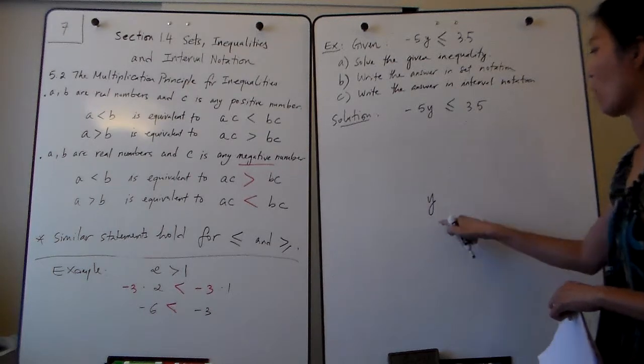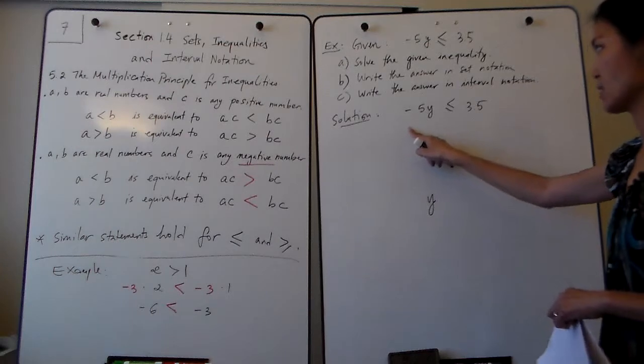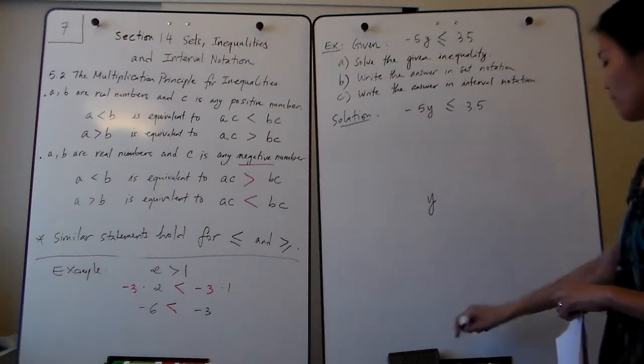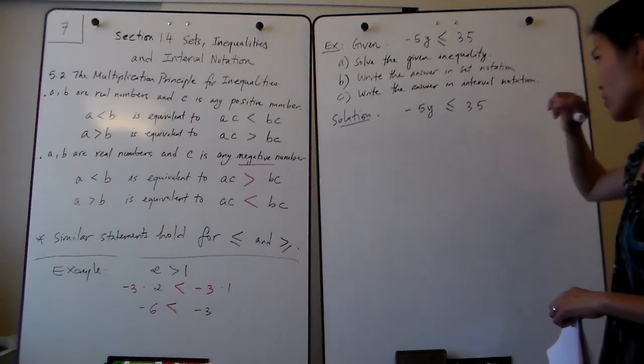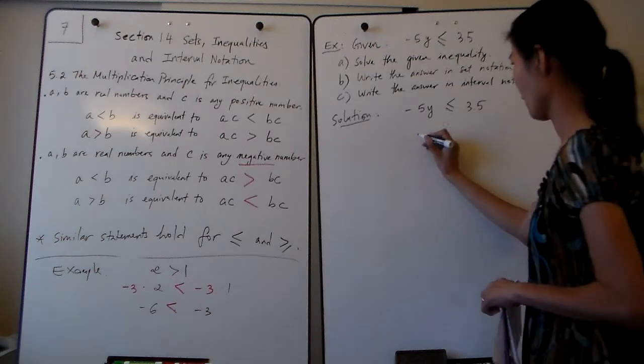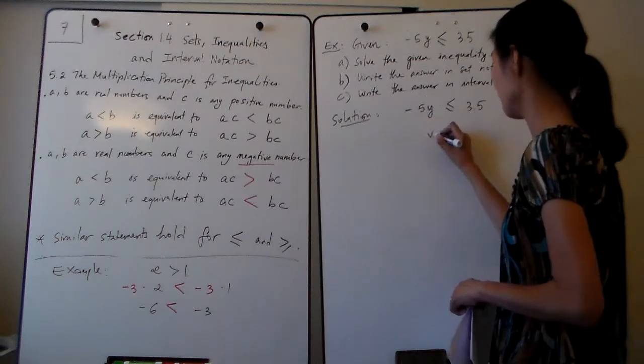Remember, we want to solve for y. Okay? So we need to eliminate this coefficient negative 5. So we'll start with divide by, sorry, negative 5 both sides. Divide by negative 5 on both sides.